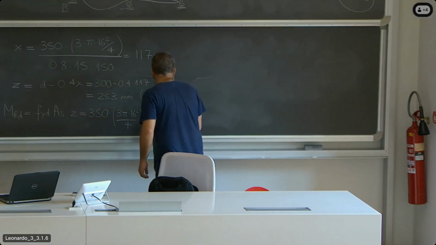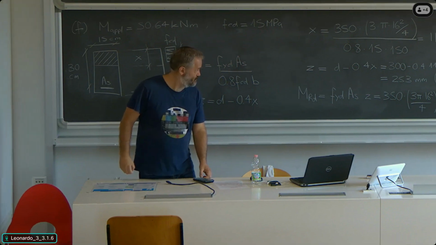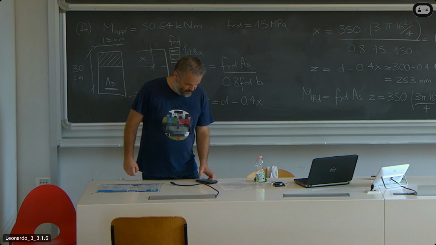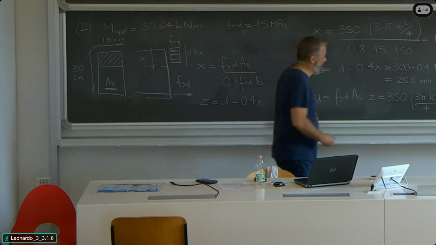What is the result? Again, 350 times 3 times pi divided by 4 times 16 to the power of 2 times 253 divided by 1 million to go back to kilonewton meters. 53.41.